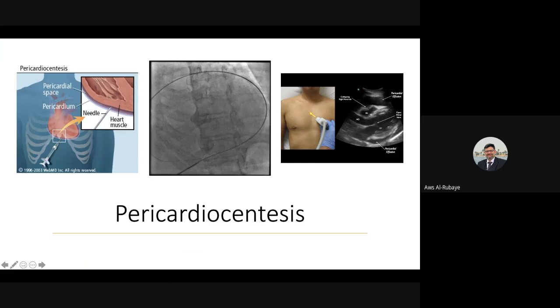The needle is directed to the left shoulder at this angle, just under the xiphoid, the xiphisternum, and this is how we pass a wire, and then we pass a catheter into the pericardial sac under fluoroscopic guidance. This procedure may also be done under echocardiographic guidance.